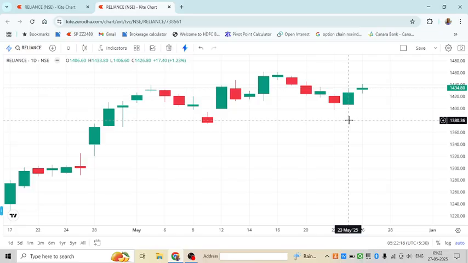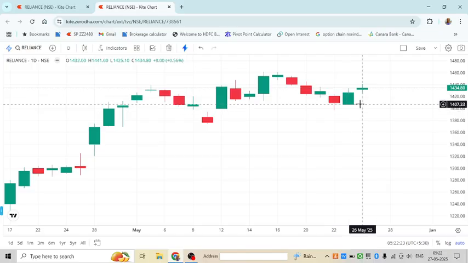So on a bullish day, the open is always near or at the lower line of the rectangle and the close is always on the higher line of the rectangle.